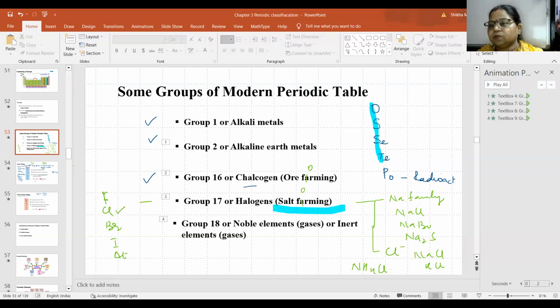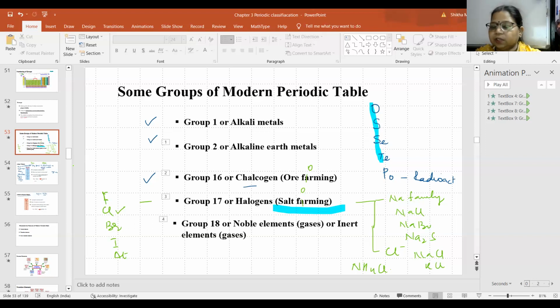You must be knowing about it. What is salt farming? Again, a topic of class 10, right? Ore is something we talk about at the manufacturing level, when something is present in large quantities. Then we say it is an ore. Ore and mineral were taught to you in class 10.